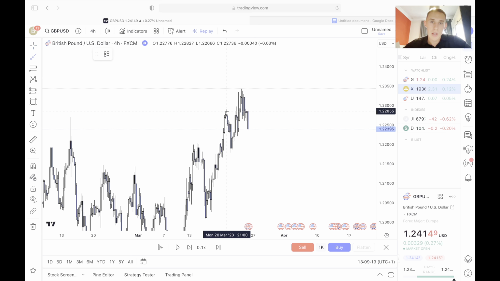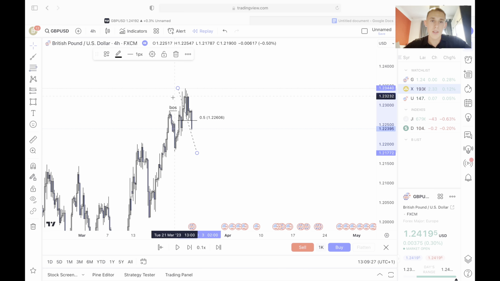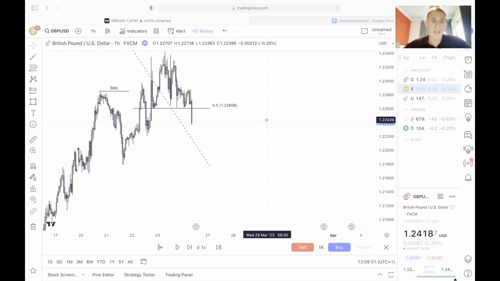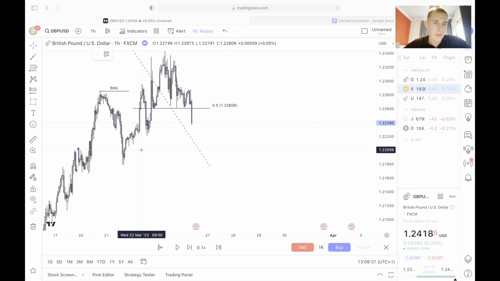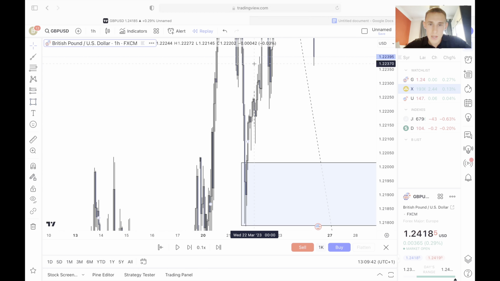Identifying that 4-hour break of structure, just there. We want to identify the discount of the trend leg, so from the low to the high. And then we go down and identify where our levels of demand are. In this case, we have this level of demand. If we zoom in, you can see that it was imbalanced and induced by this wick.